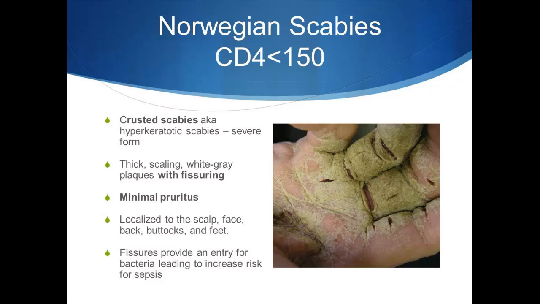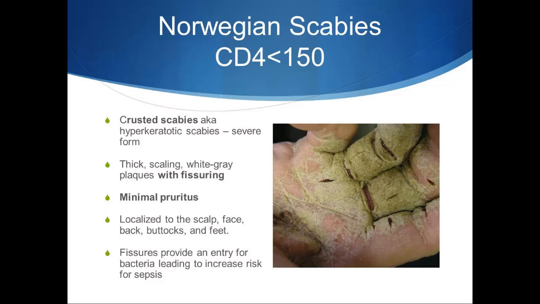Norwegian scabies, which we usually see when your CD4 drops below 150, is also known as crusted or hyperkeratotic scabies. It's a very dramatic and severe form of scabies. It consists of thick scaling white-gray plaques with fissuring, and they're usually non-pruritic. It's localized usually to the scalp, face, back, buttocks, and feet.